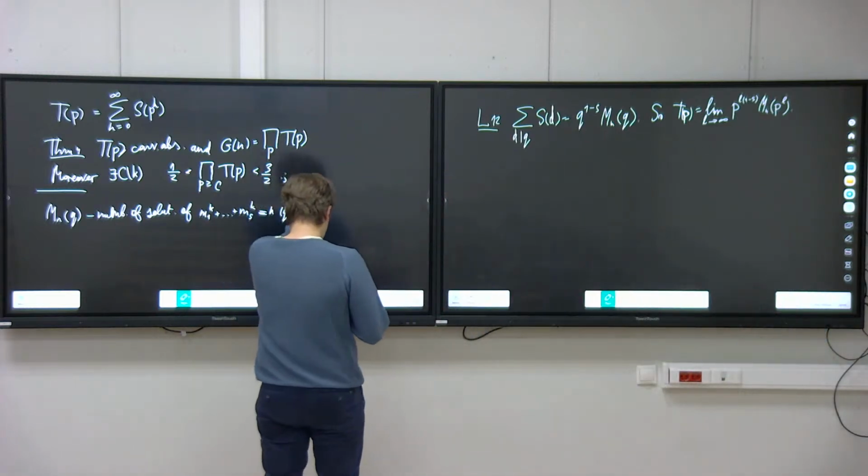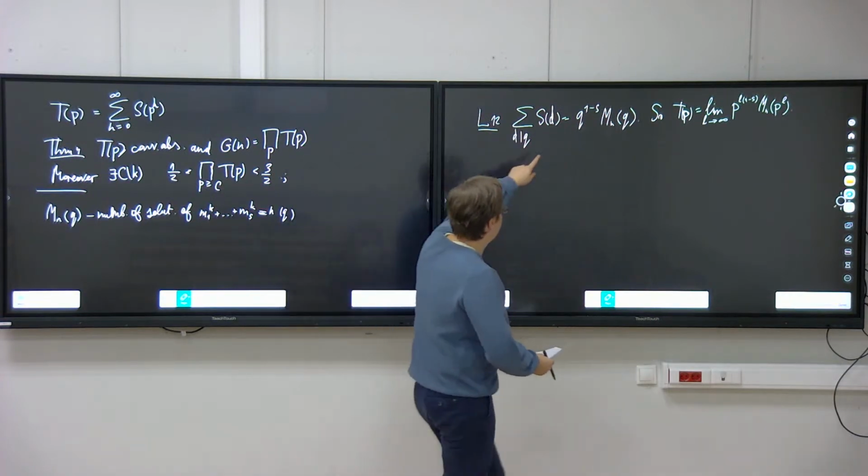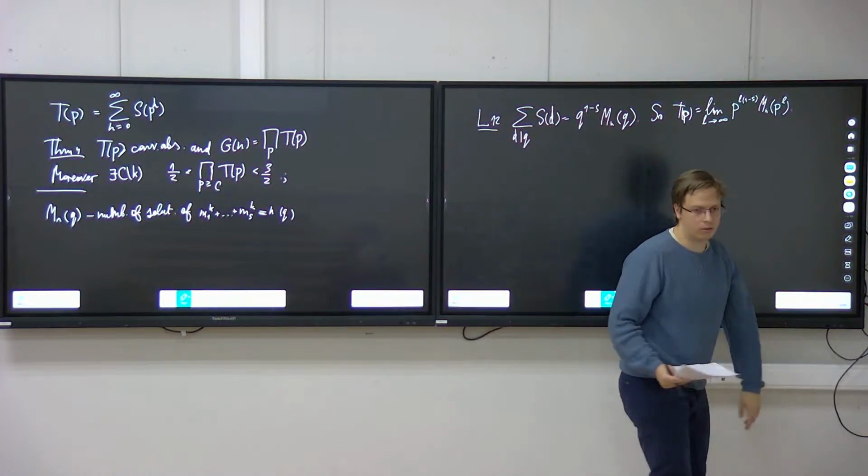And how do you see why the second part of the lemma follows from the first part?